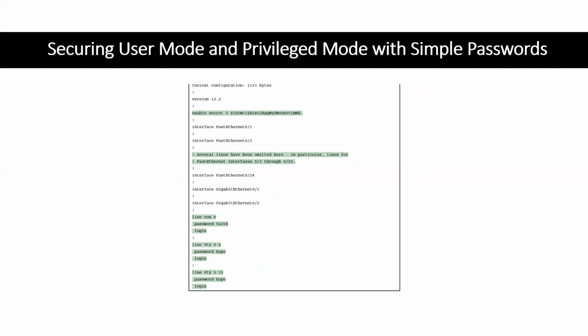But, and we'll talk a little bit more about security later, here's one thing. If we look at our running configuration, and we do a show run, or show start, if we look at that configuration, we're going to see our passwords for accessing the console and accessing the VTYs in plain text.